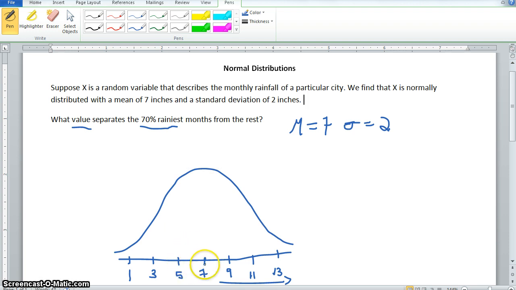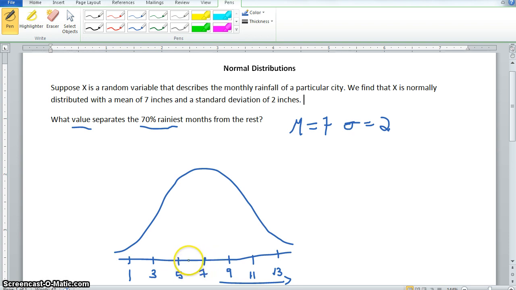Well, if this is 50% of our data, or 50% above our mean, our median, our center, because this is a symmetric distribution, and we know that within the first standard deviation from our mean, 68% of our data lies here, so about 34% is within here.